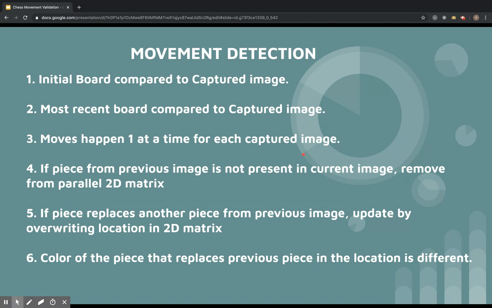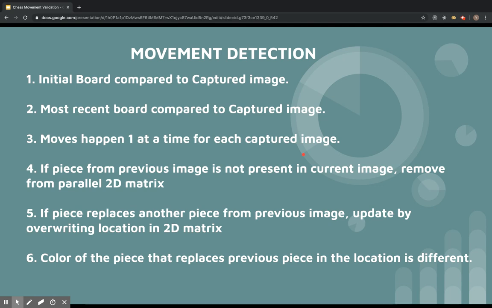So every time this motion detection happens, it triggers the movement detection function, which essentially takes the captured image after the motion detection happens and compares it with the initial board or the initial image.